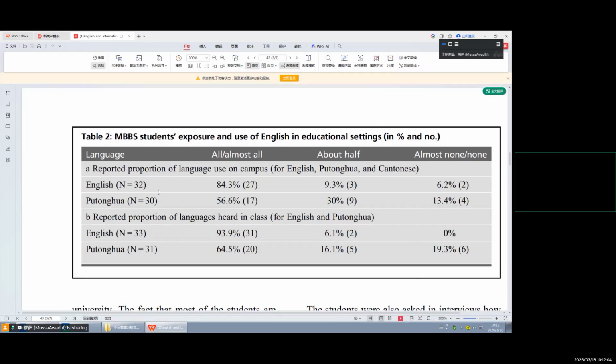How can we know that? This is significance. It's significant. How do you know that? So we use what?